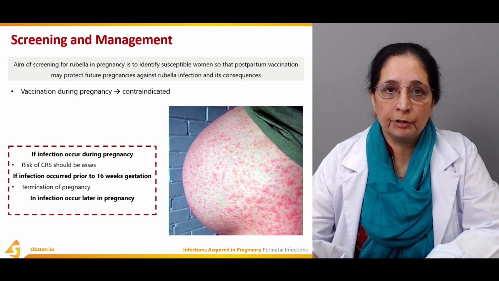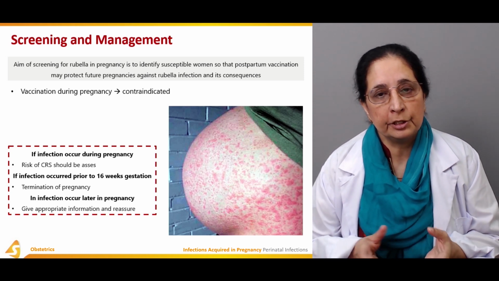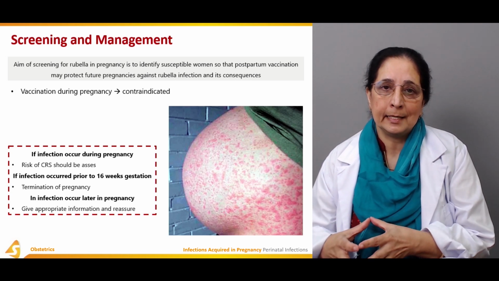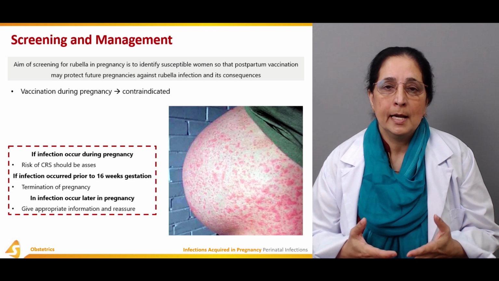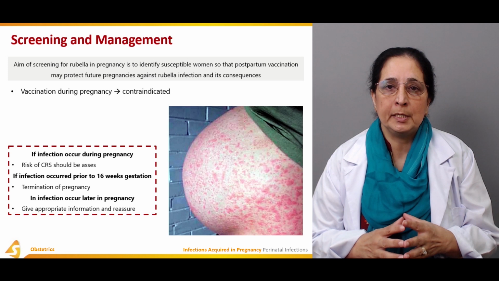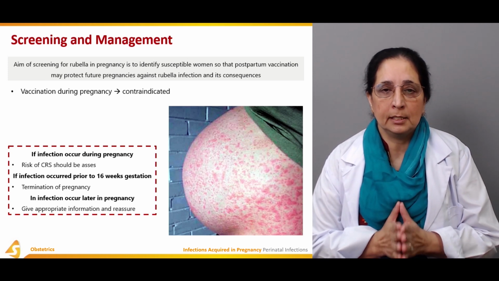If it occurs later in pregnancy, usually give appropriate information and reassure that there might be fewer chances. Proper assessment of the newborn and routine checkups should be performed, but before 16 weeks, pregnancy should be terminated.